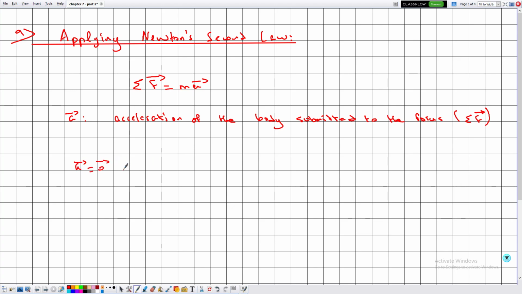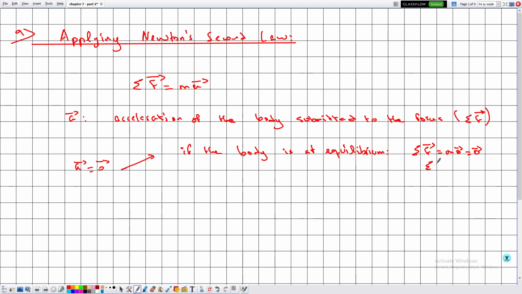This may happen for two reasons. If the body is at equilibrium, in this case we have that the sum of forces is equal to m multiplied by 0, which is equal to 0 vector.